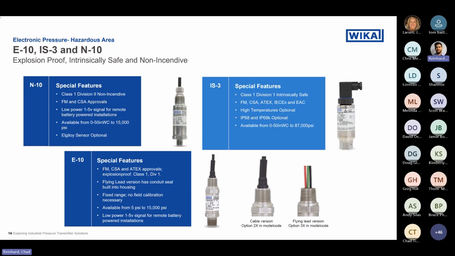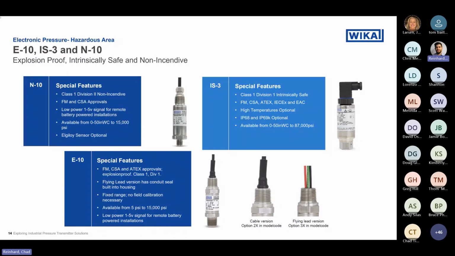And again, the difference is within your application. Whatever class and division that you need specified, we have the transmitters to do it. So again, explosion proof, intrinsically safe, non-incendive. Just ask your sales guy or your account manager. We'll give you guidance based upon what the application and your environment are.